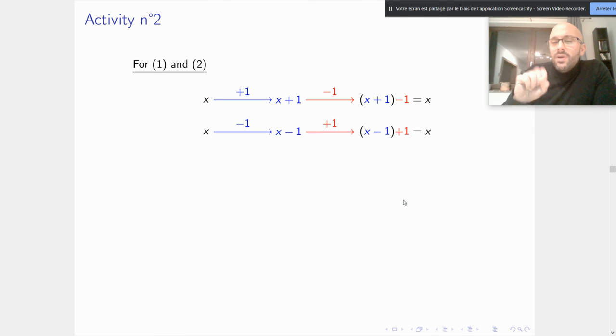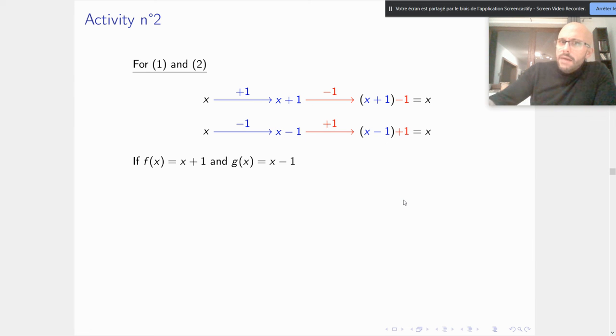So what are the two operations that we are working with? Adding 1 and subtracting 1. If we think of that as functions, we can think of a function x plus 1 and a function x minus 1. You can see this here.